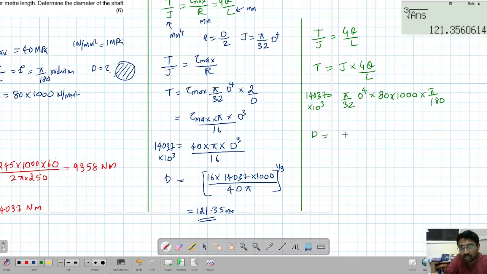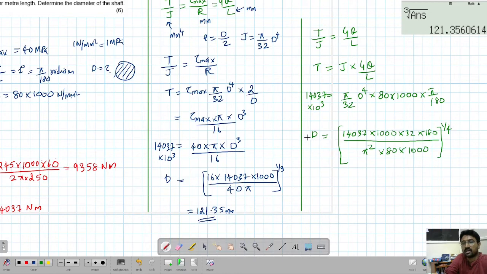D equal to 14037 times 1000 times 32 times 180 divided by, so this pi and this pi will become pi square, then 80 times 1000, this raised to 1 by 4. Okay, this is the value of D. Now we'll solve this. Before that, I think I can cancel this and this.